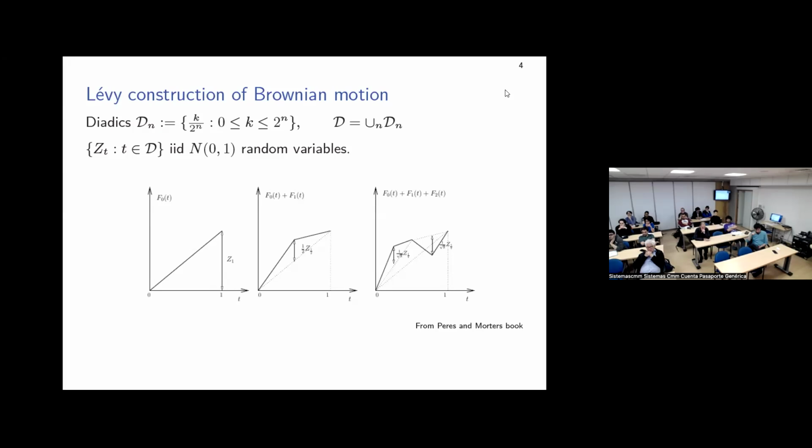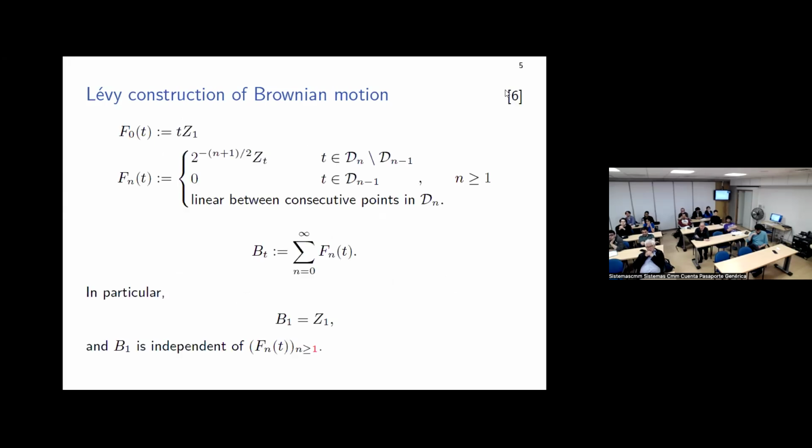This is the reconstruction, very well described by Peres and Mörters, and here it is. So the F_n(t) is what I just described, for t in the dyadics of level n minus the previous ones that you have used.